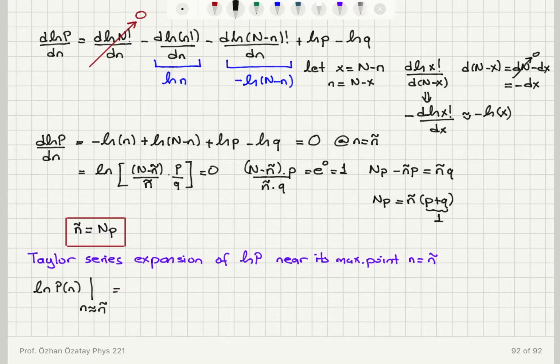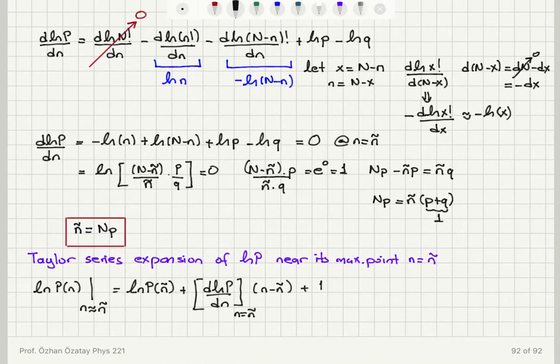So the first term is to evaluate the function at the point of interest. The second term is the first derivative with respect to n, evaluated at the maximum point, times n minus n tilde.